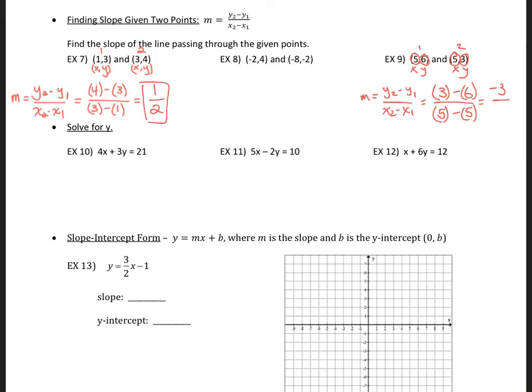In the denominator, I have 0. 0 in the denominator of a fraction is about the worst thing you can have happen to you in a math class. Nobody knows what dividing by 0 means, and therefore, it's never been defined. So we say, anytime you have a 0 in the denominator of a slope, this is an undefined slope.